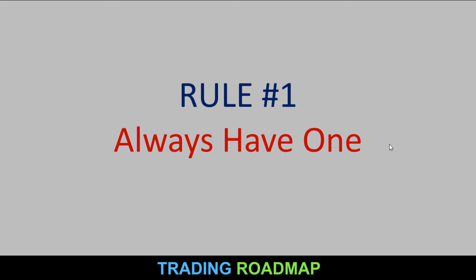I know some people like to have a mental stop loss, and that's totally fine if you are more experienced, but you have to define where you're going to exit this trade when it goes wrong. It's very important to know this before taking any trade.